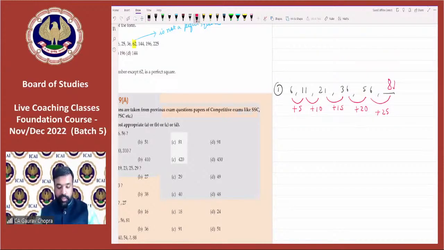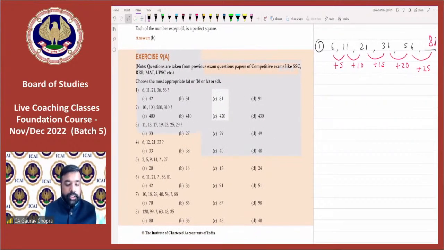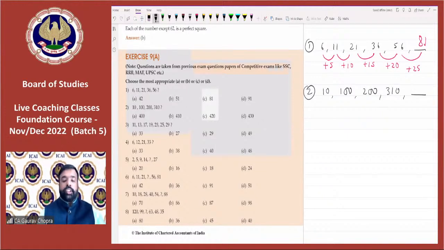Yes, so most of you have given the answer 81. Perfect. Now, let's try the second one. Question number 2. 10, 100, 200, 310, and then dash. So this time, what is the logic? This is the given series, and we have to find the logic.